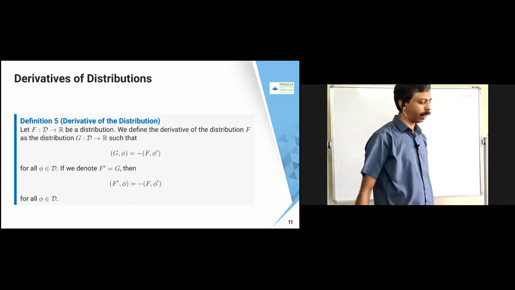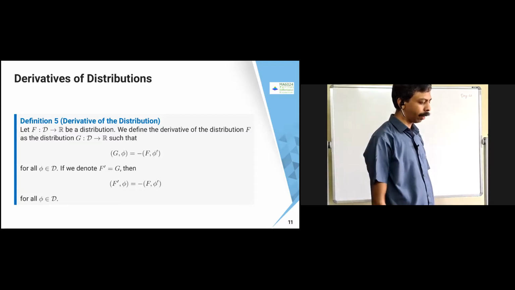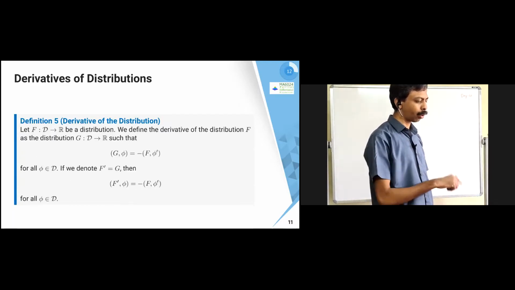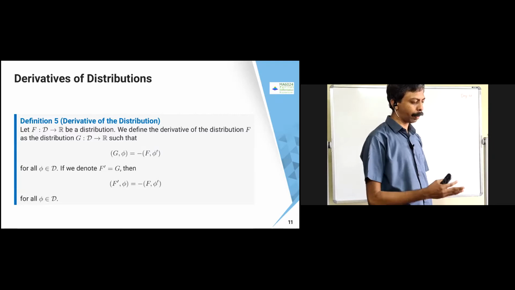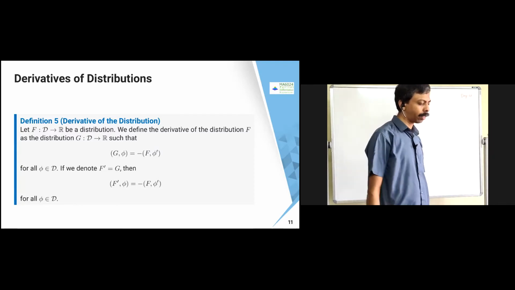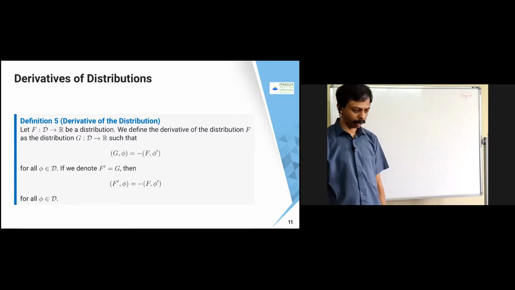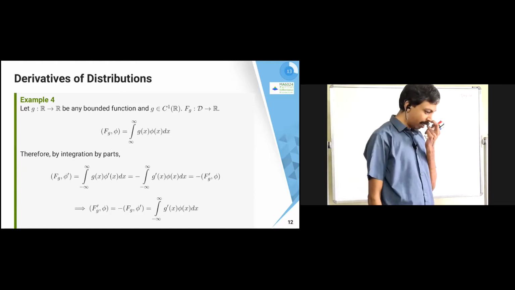So the derivative of the distribution is minus f comma phi dash. Means I'm just throwing the derivative from f dash to phi, because of the integration by parts which we have seen in the last class.